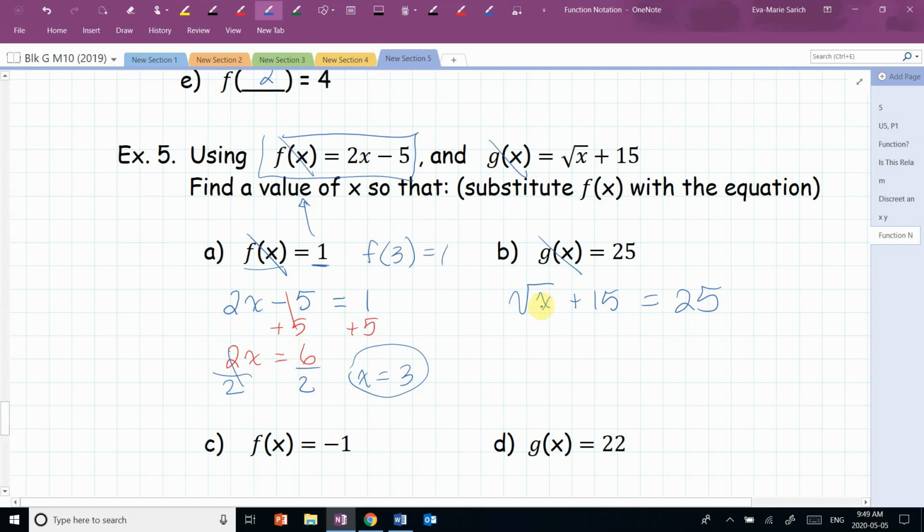Okay. Second one's a little bit different because we got a radical sign in there, but still, let's work at it where we're trying to get x all by itself. So get rid of the add 15, so we're going to subtract 15 from both sides. That gives us the square root of x is equal to 25 minus 15, which equals 10.